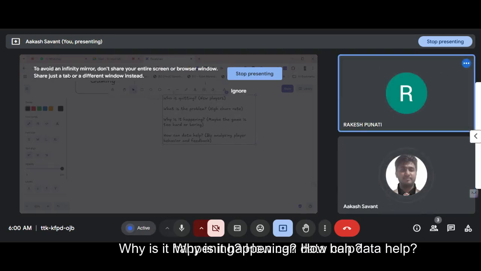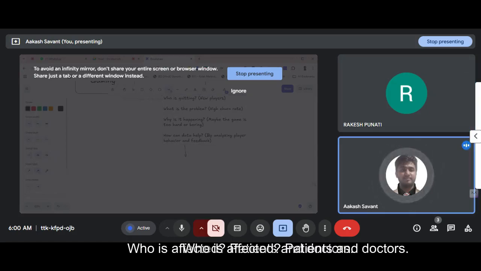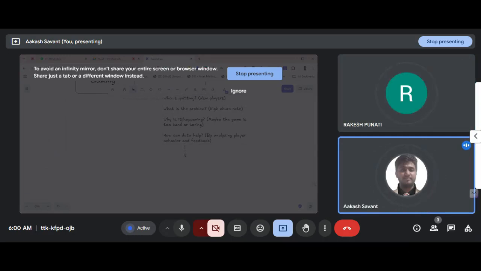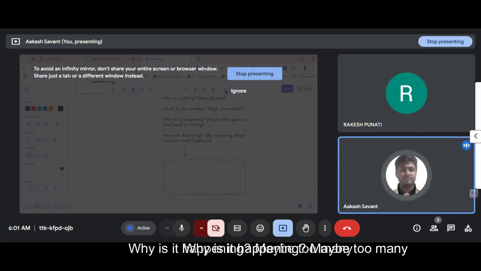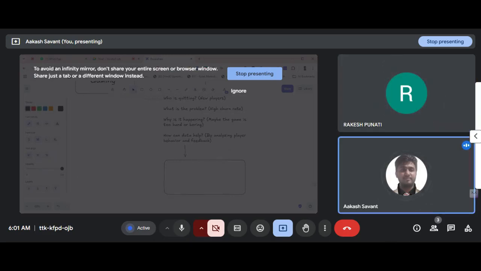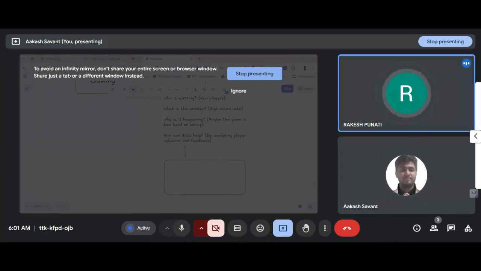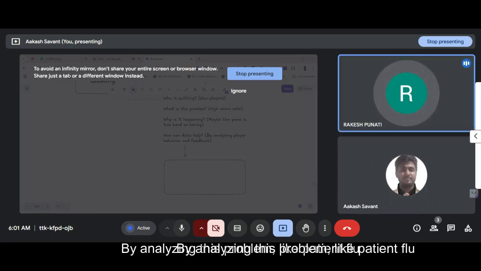If you wanted to frame a problem statement after addressing this, how would you go? Give me a second, Akash, I'm organizing my thoughts.